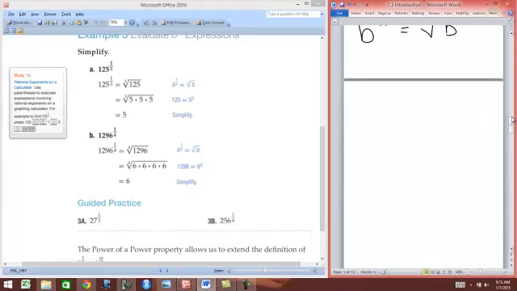Guided practice. 3a. 27 raised to the power of 1/3 equals the cube root of 27.